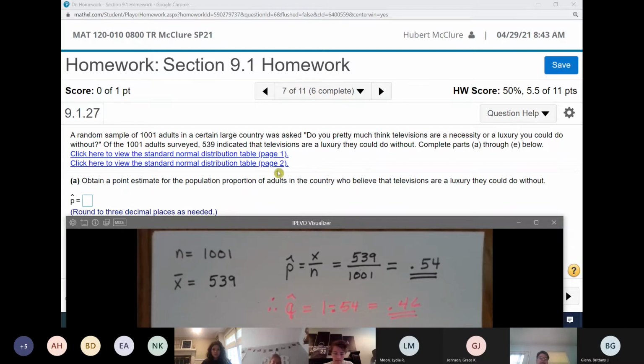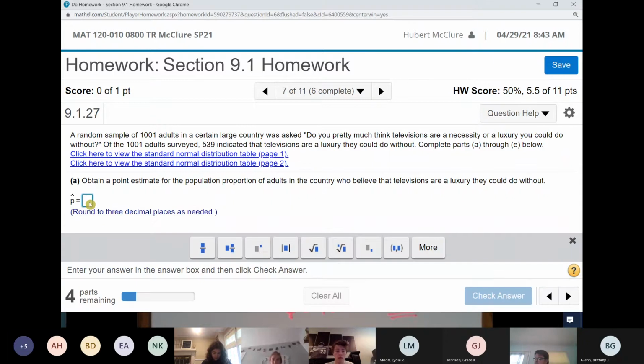Let's see what they ask for. Somebody give me 3 decimal points. Of course, if I ask for 3, they're going to ask for 2. So what is the third decimal point of the 0.54? It's 0.538. And if they ask for Q, that's going to be 0.462.